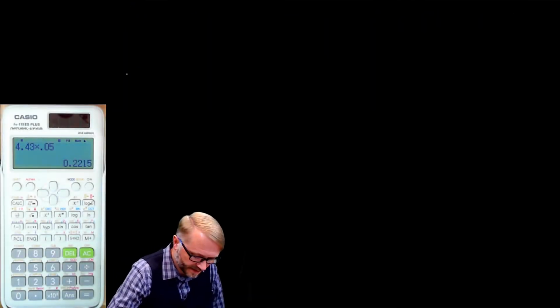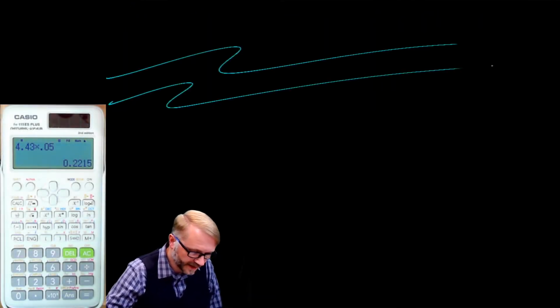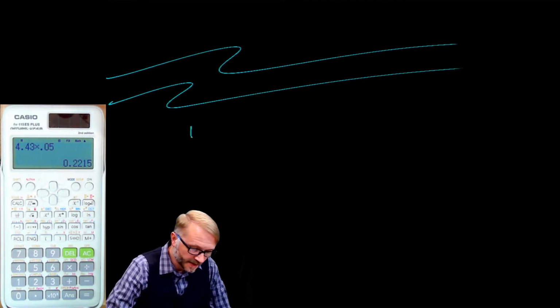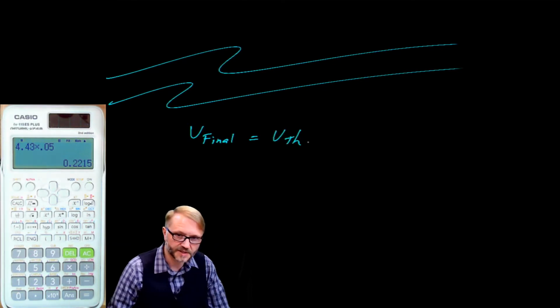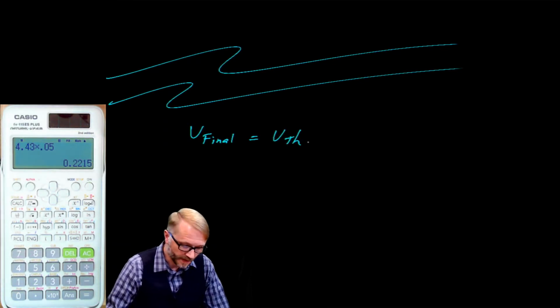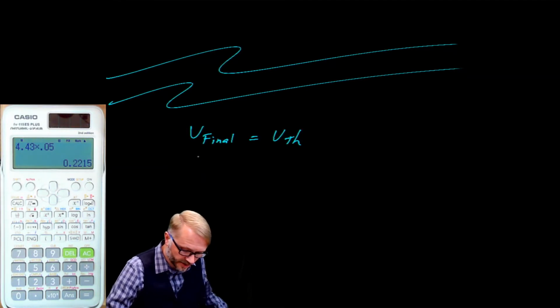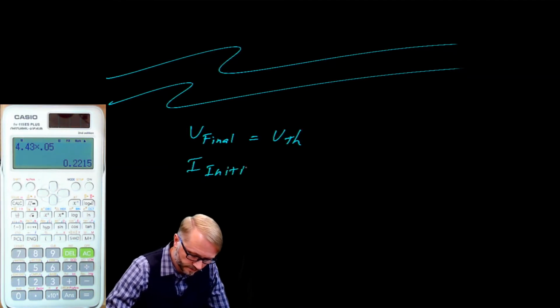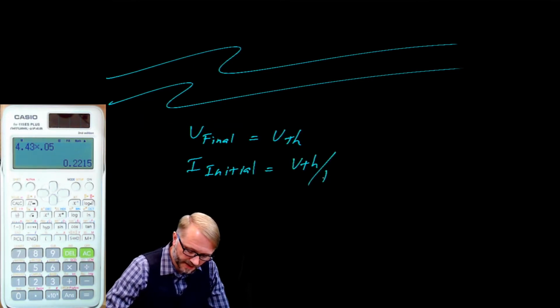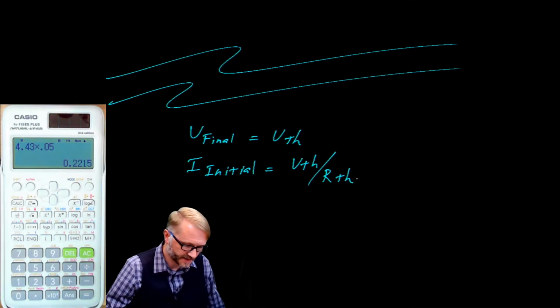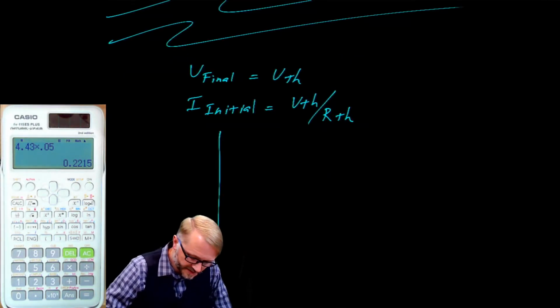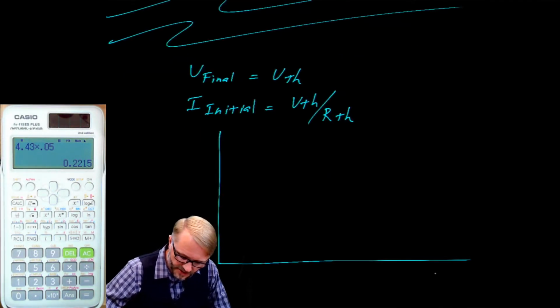Speaking of capacitors, a related thought. The final voltage on a capacitor is equal to the Thévenin voltage of the circuit feeding it. The initial current is equal to the Thévenin voltage divided by the Thévenin resistance. This is what we would see if we were to graph this as a function of time.